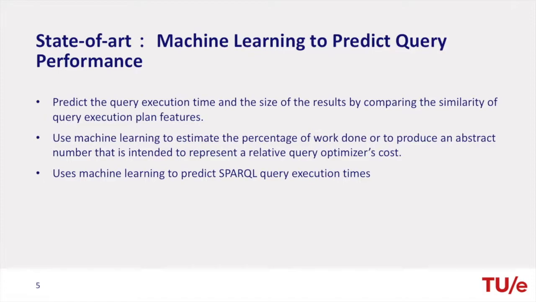The last one predicts the SparkQL query execution time. It is claimed that the training time is reduced significantly by using this approach. However, it mainly focuses on semantic data, so it gives inaccurate results for spatial temporal data.